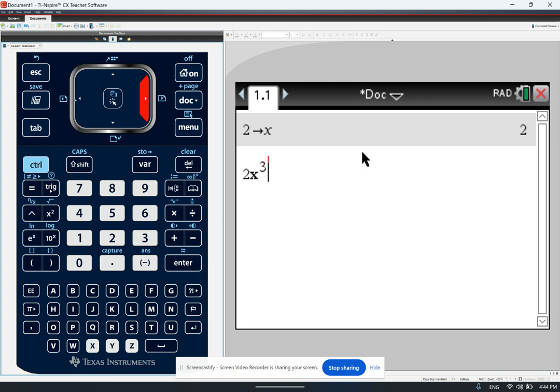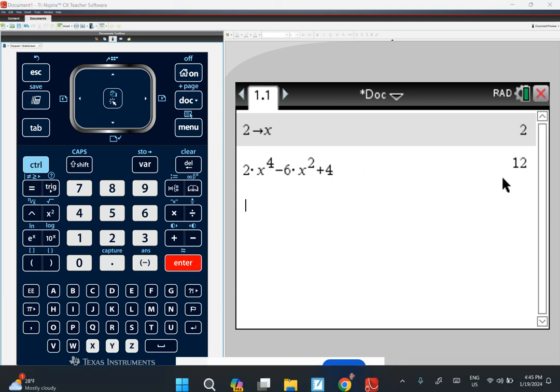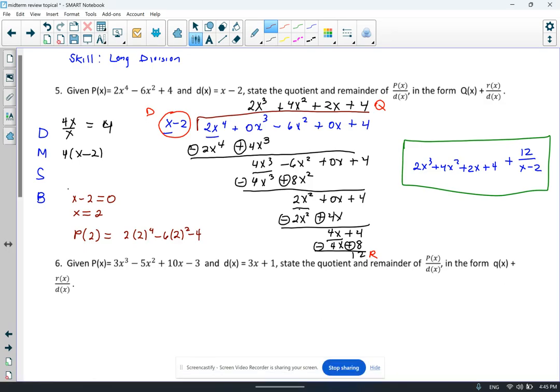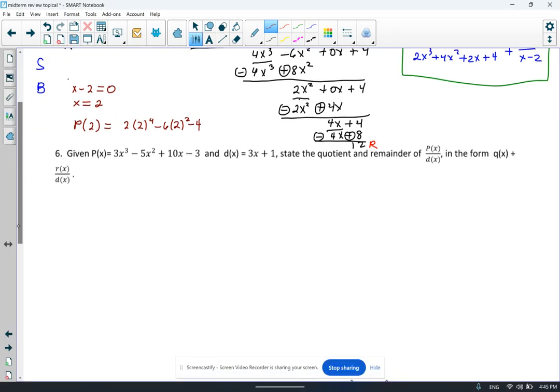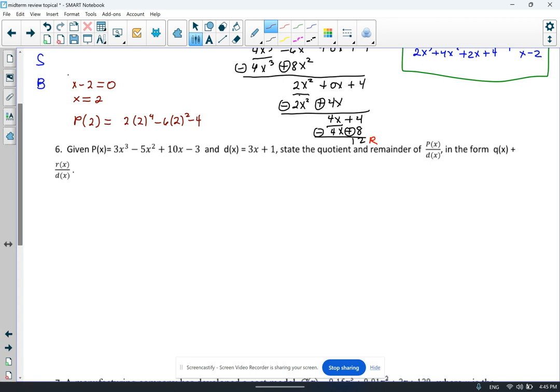So let me go back. Minus 6x squared plus 4. And when I hit enter, notice that equals 12. So at least I know I have the correct remainder. Let me do the next division problem.